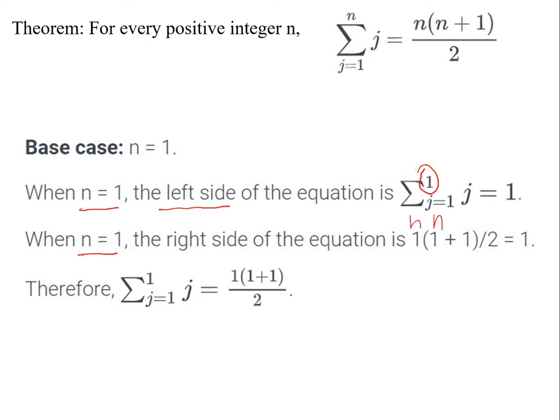You replaced n by 1, and so it's just 2 divided by 2, which gives you 1. So we have shown that the left hand side and the right hand side give you the same answer, and so this equality holds. Okay, so we have proven the base case.